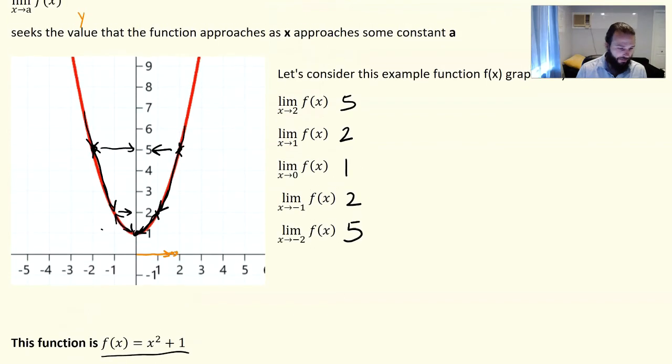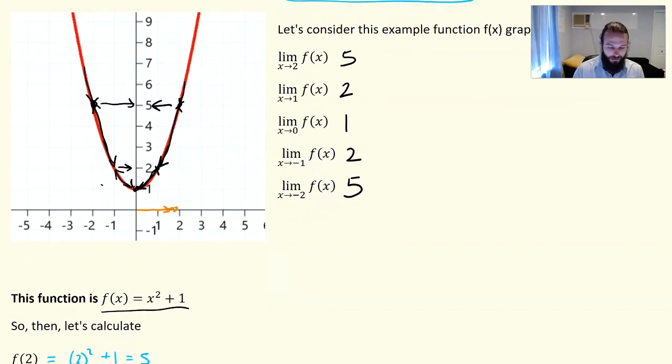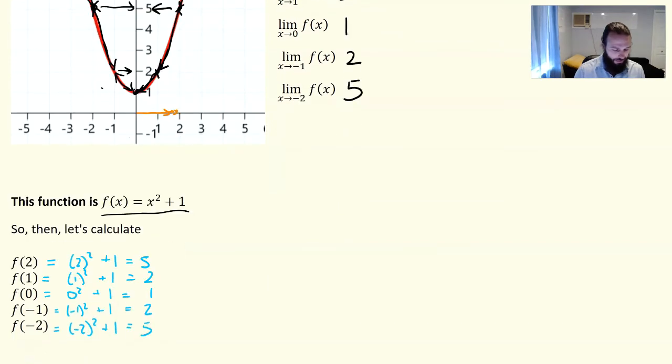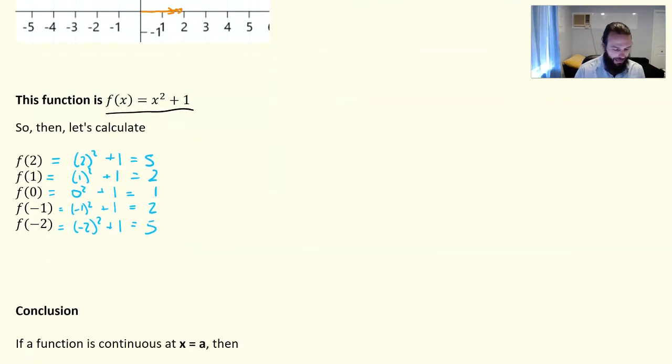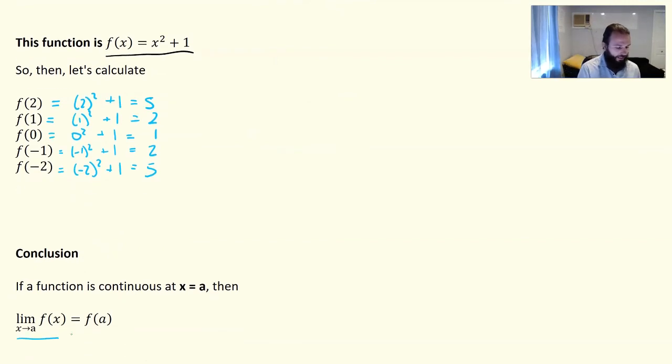Now, if you think about the definition, that we're looking for the value that the function approaches as x approaches some value, that makes perfect logical sense. Because if the function is continuous at x equals a, meaning there's no holes or asymptotes, then the limit as x approaches a should just equal the function value.